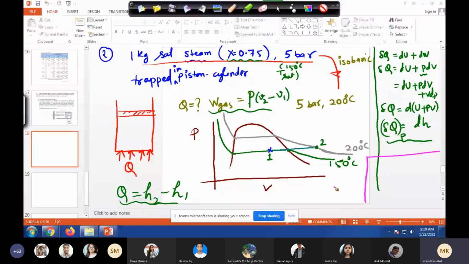One, two, three, four, 5 bar, and temperature is 150. Although in my book it's given as 151.84, but doesn't matter, that's fine. You can correct it. I think in the book it's roughly given.